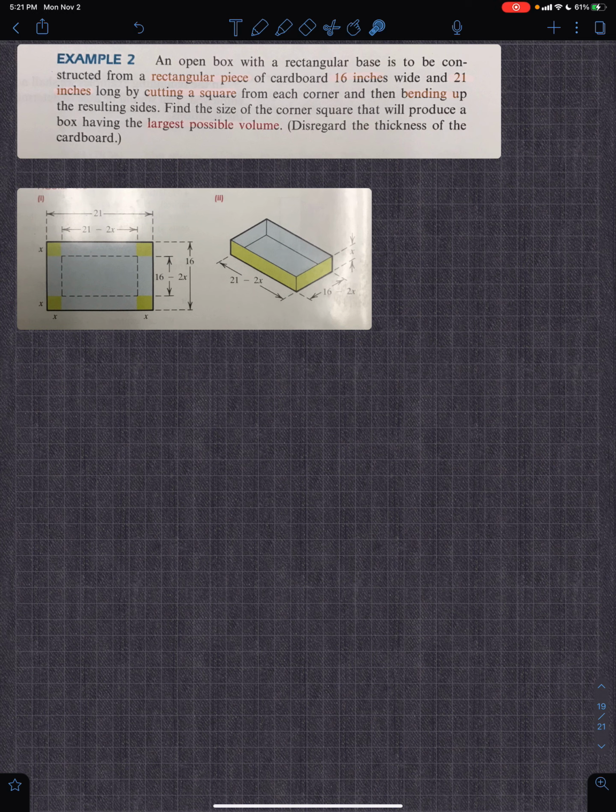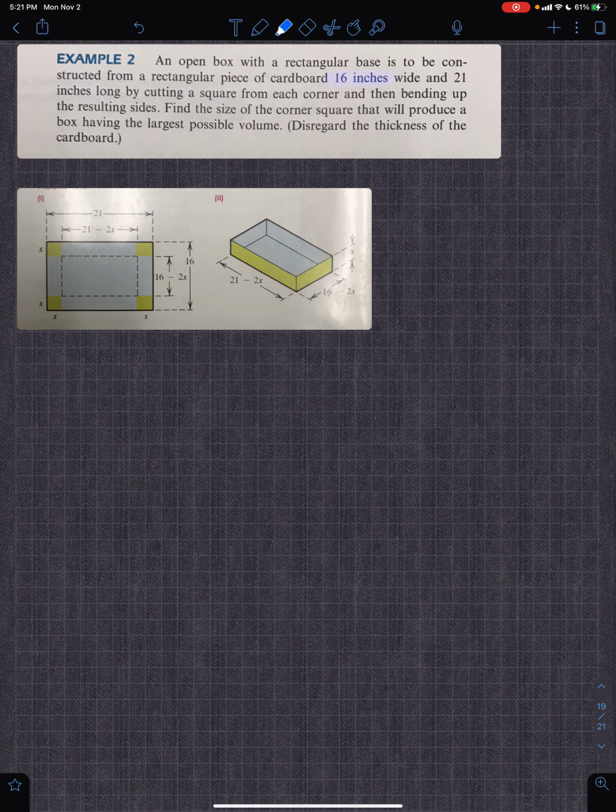Okay, so a number of things here I highlighted earlier when I was reading it. Let's just do it again as I'm going through it. So read it once all the way through, then start reading it again. An open box. Okay, so nothing on top, right? Rectangular base to be constructed of a piece of cardboard, and then you have the 16 inches. Okay, so that's down here.